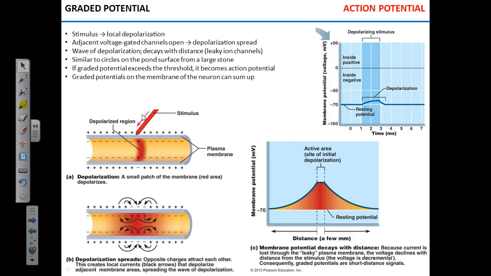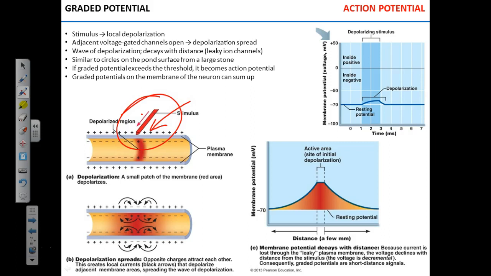Okay, when some kind of event on the membrane, some kind of stimulus, opens sodium channels, the influx of sodium into the cell depolarizes the membrane, which means the membrane potential changes, and that change in the membrane potential opens voltage-gated sodium channels adjacent to the site of depolarization, adjacent to the site of the stimulus, and the graded potential starts to sort of self-propagate along the membrane.